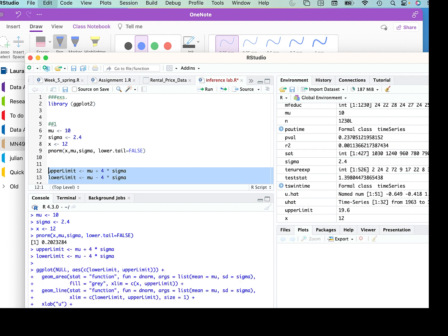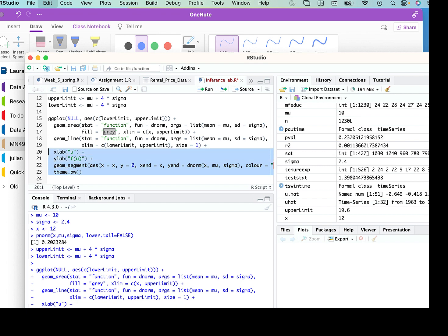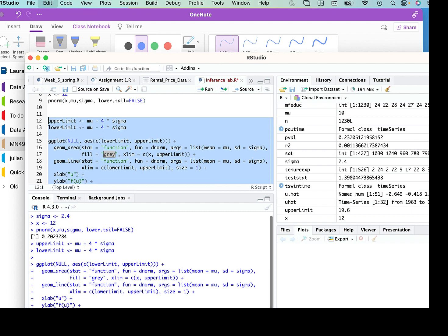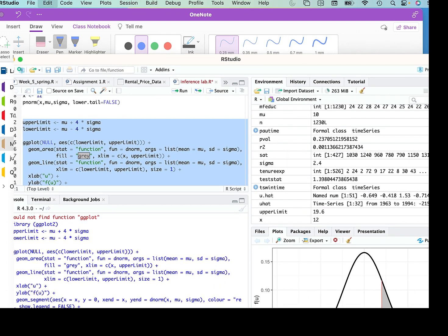Oh, I should probably have loaded ggplot first. And you get a graph of what that looks like, what area we're talking about, that 20% under your normal distribution. Fun, right? All right.